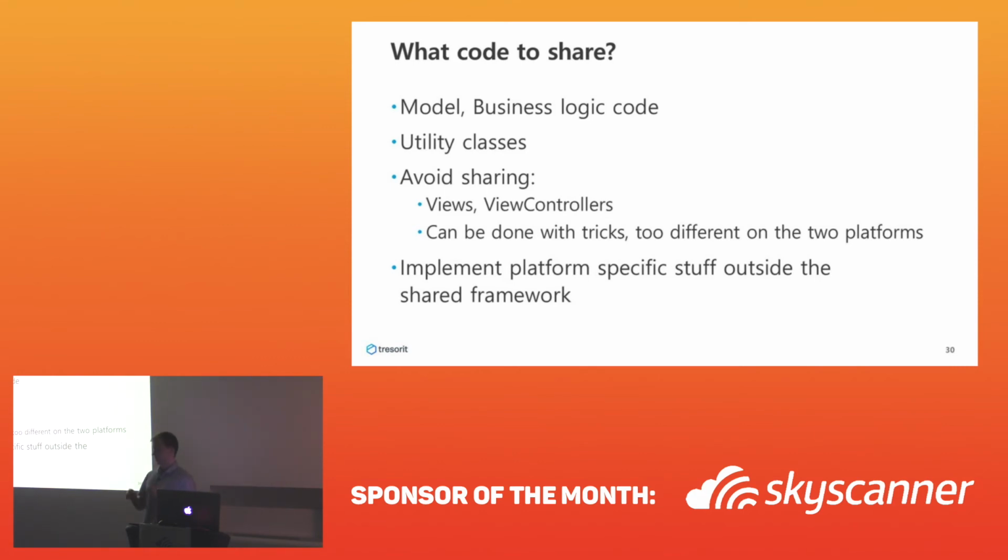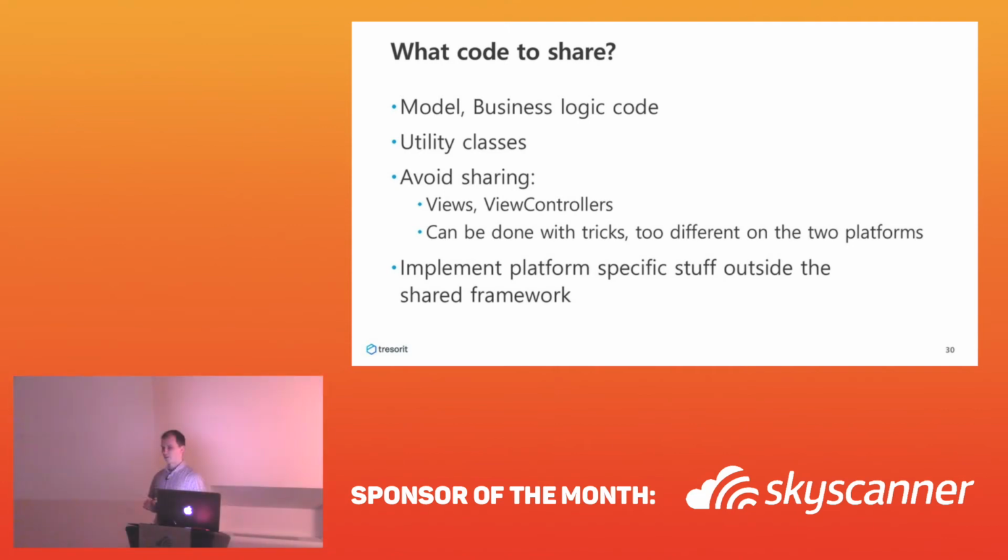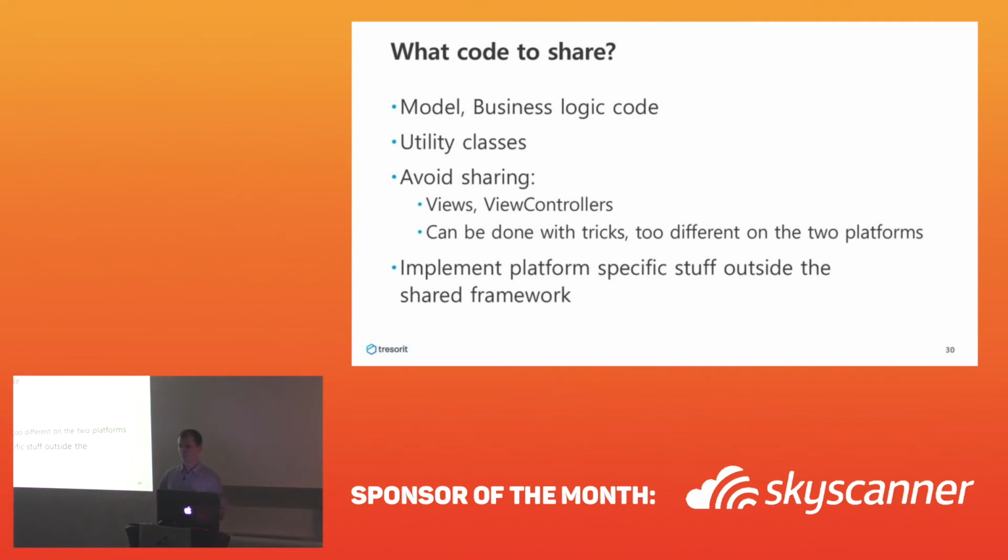The classes are different, like UIView and NSView. You can do tricks to work around that, but I still wouldn't recommend it unless you want something very simple. So you should implement any platform-specific stuff outside your shared framework.